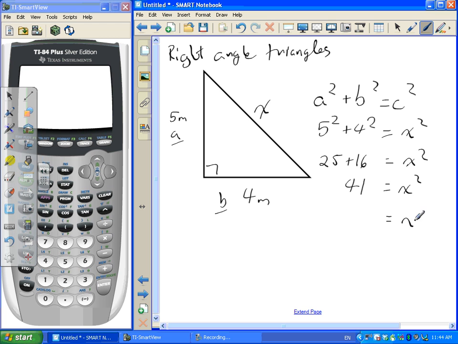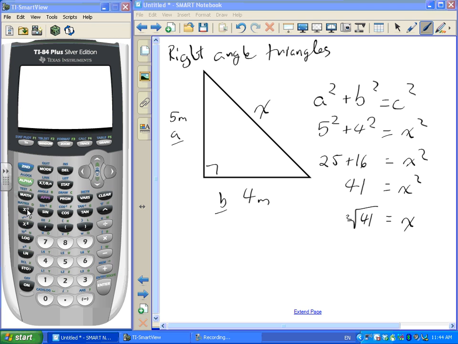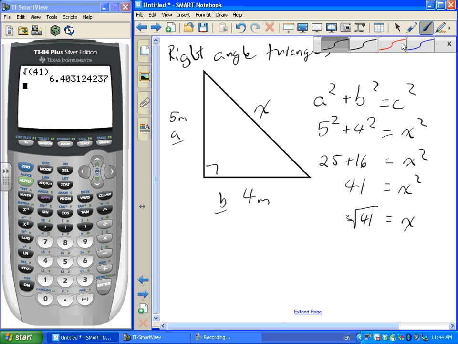And x is whatever the square root of 41 is. Type that in our calculator. Just want to make sure you guys can see how to do it. 6.4.